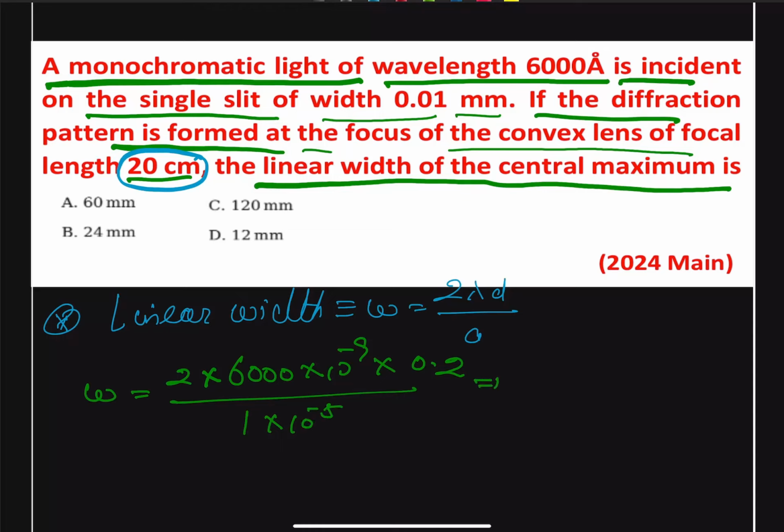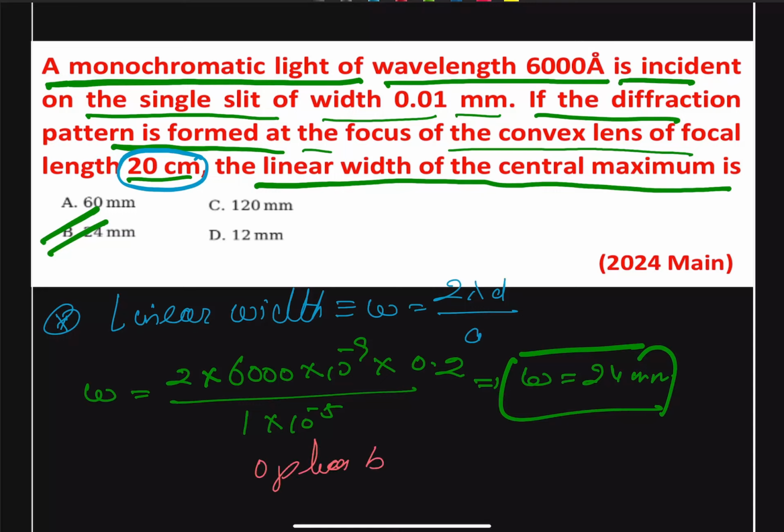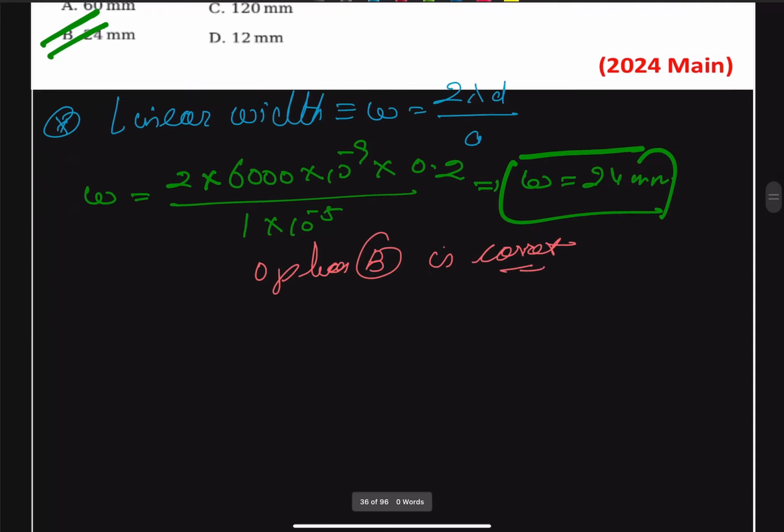So we get W equal to 24 millimeters. So option number B is the correct one. Option B is correct.